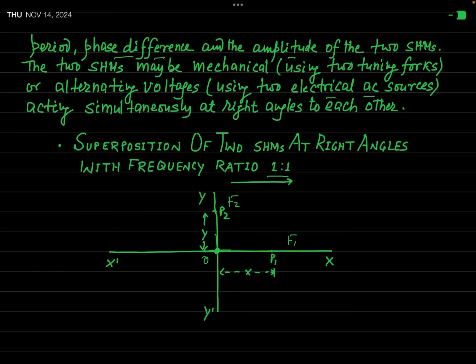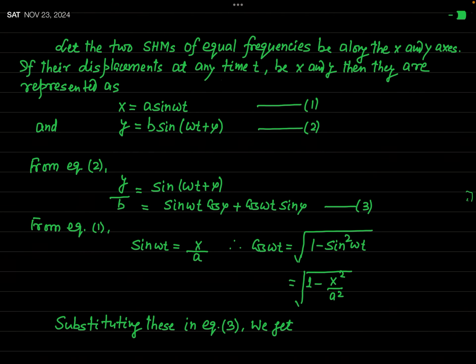And for this, let us write the equation of motion of the two SHMs. For simplicity, we consider that the equation of motion of the SHM along the x-axis is x equal to a sine omega t.